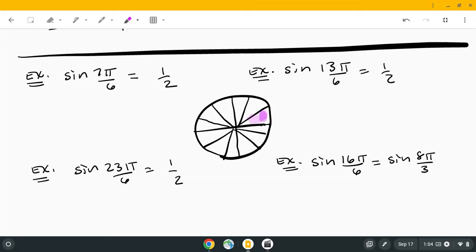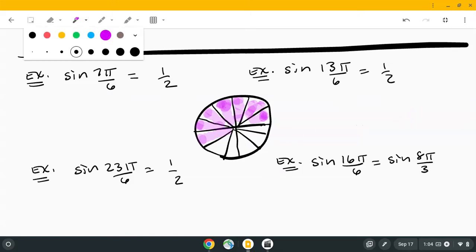So this is 1, this is 2, this is 3, this is 4, this is 5, this is 6, and this is 7. So 7 pi over 6 lands over here in quadrant 3. Therefore, sine is negative. So here, it's not going to be 1/2. It will be negative 1/2.